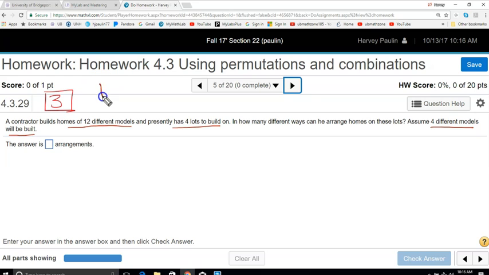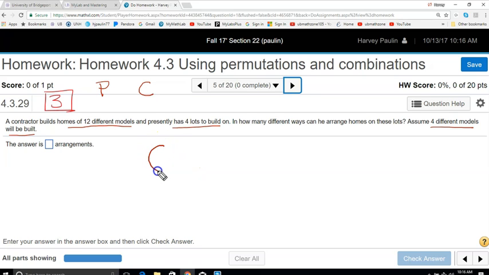So now you have to determine, is it a permutation or is it a combination? Well, the next thing is, is order important? Well, they're not saying it has to be built first on this lot, so order would not be important. So take a moment and tell me, which one would you use?